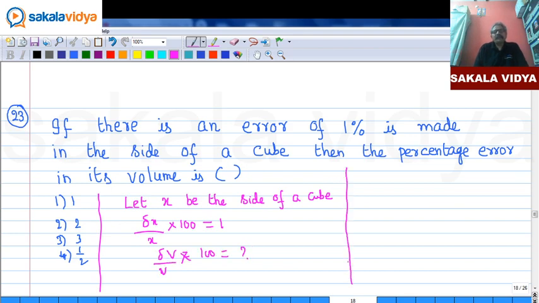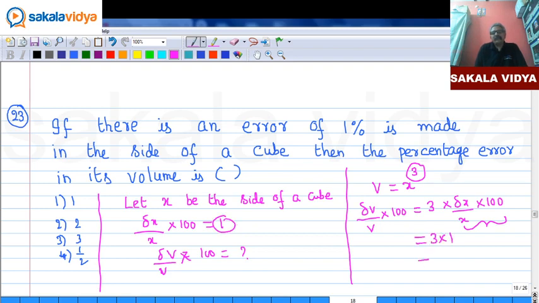Volume of the cube is side cube, v is equal to x cube. What is the dimension in x cubed? So, delta v by v into 100 is equal to 3 times delta x by x into 100. This value is equal to 1 given. So, 3 into 1, the answer is 3%. So, that means third option is the right option.